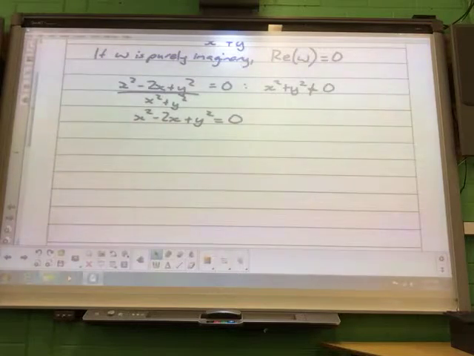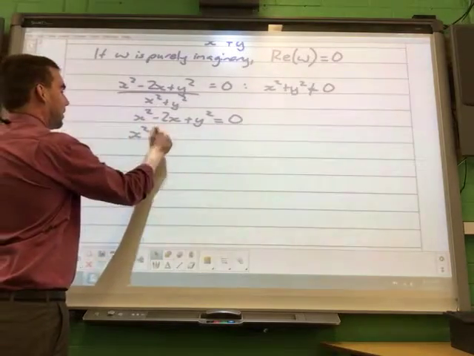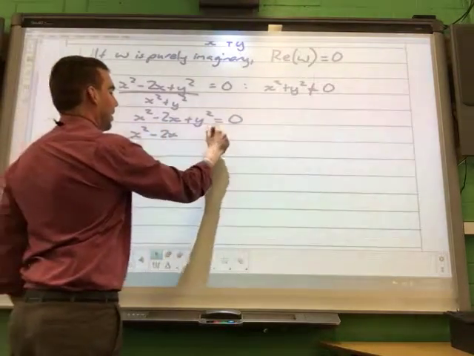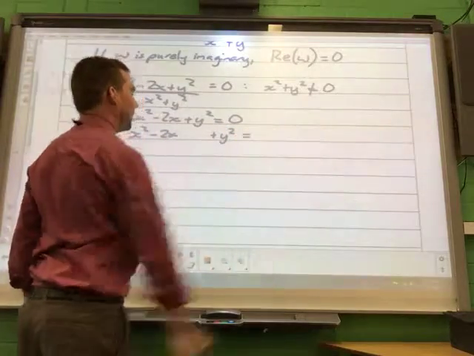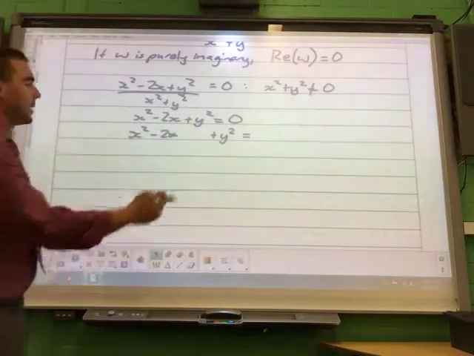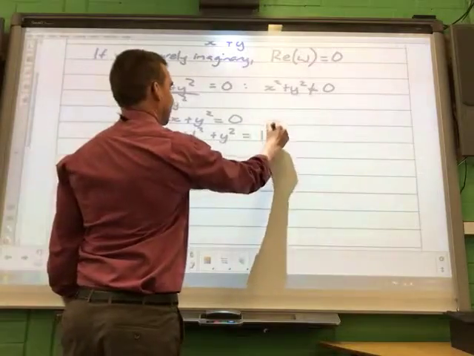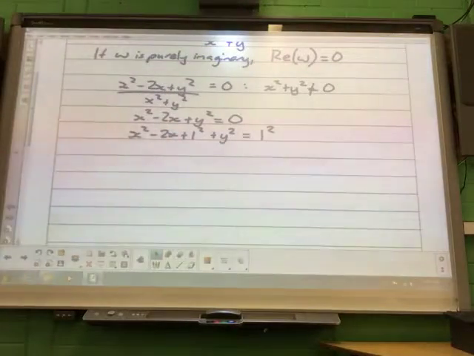So how are you going to do that though? X squared take away 2x plus y squared, you have to complete the square. Half and square, and include it on both sides.